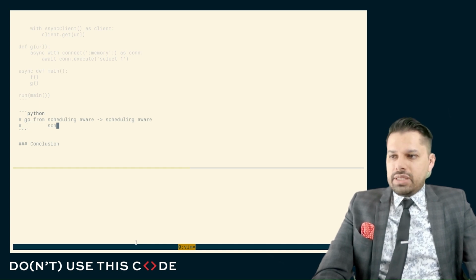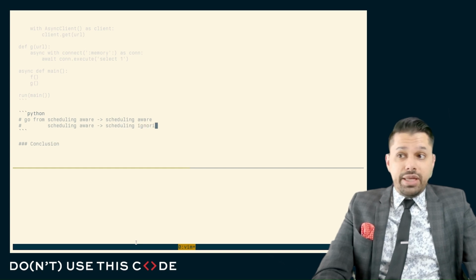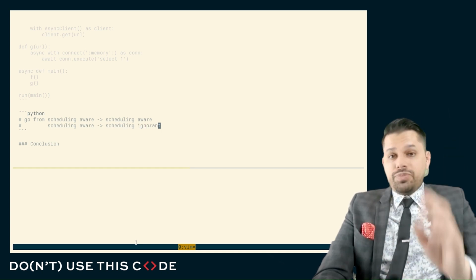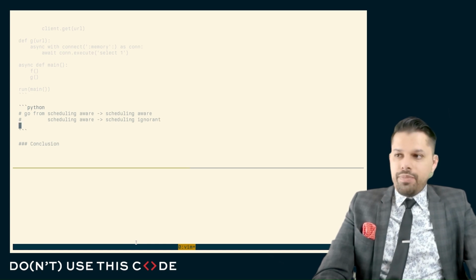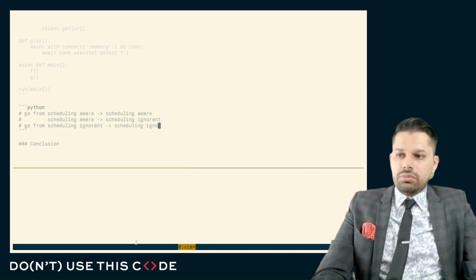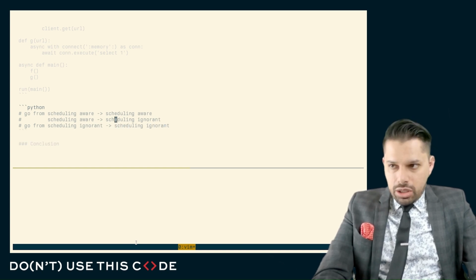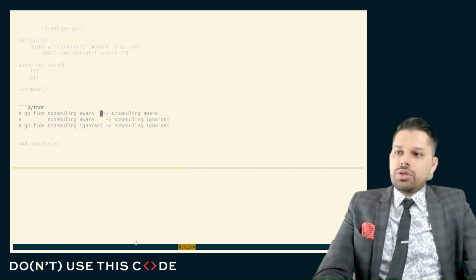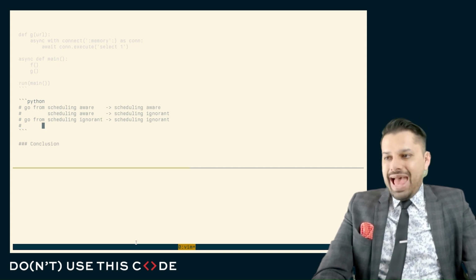You can go from being scheduling aware to being scheduling ignorant. You can forget that something is scheduling you and just leave it up to the serial nature of the program. You can go from being scheduling ignorant to remaining ignorant, but you cannot go from being scheduling ignorant to being scheduling aware without finding some out-of-band mechanism to reintroduce the idea of a scheduler.